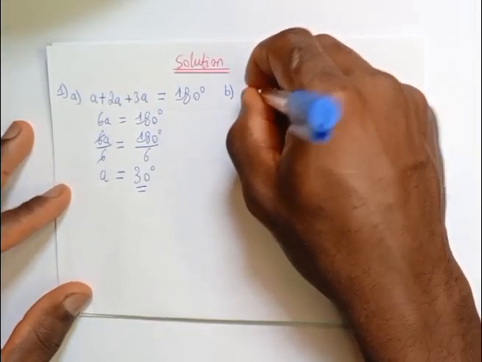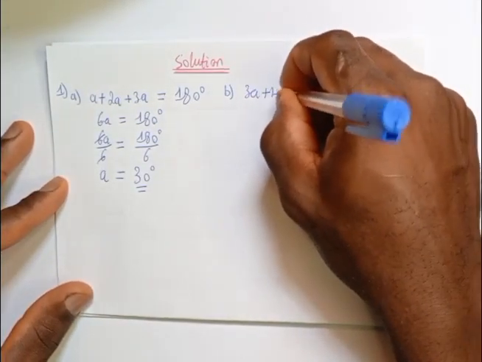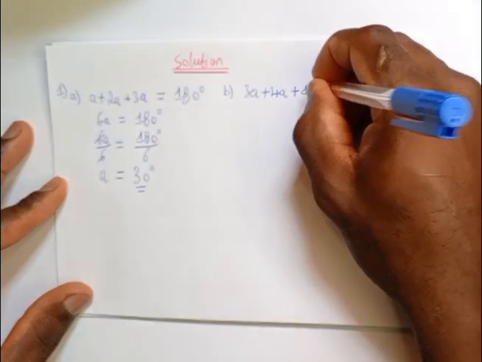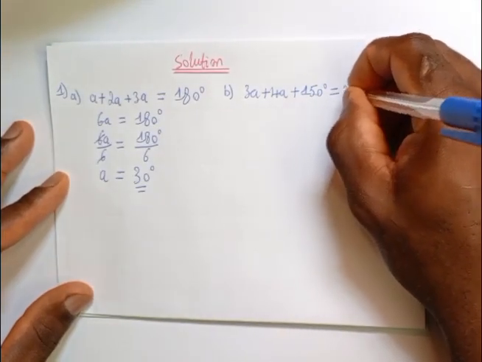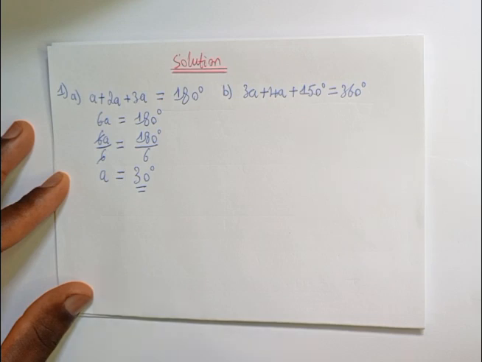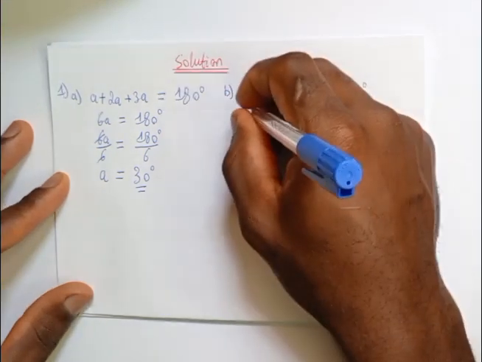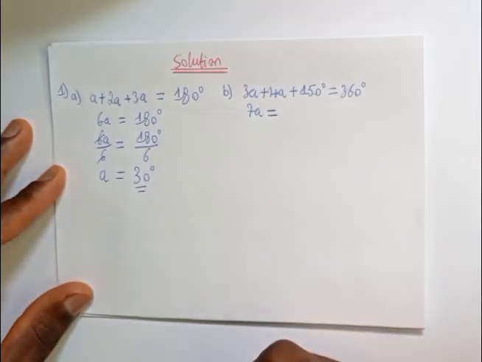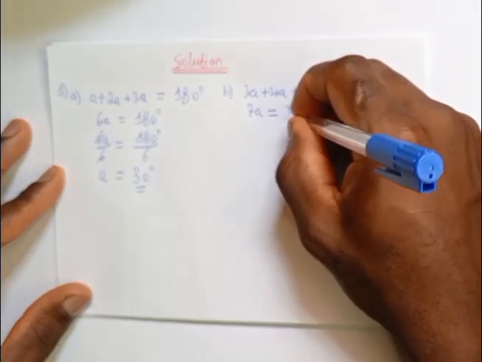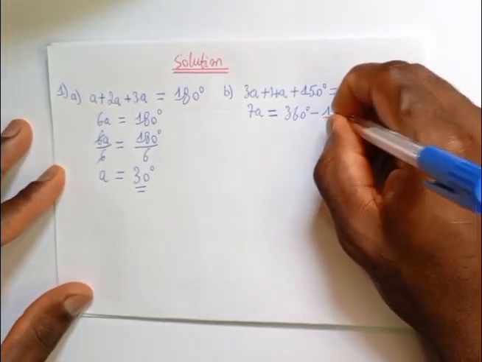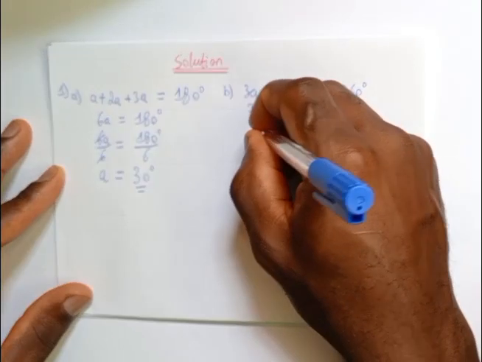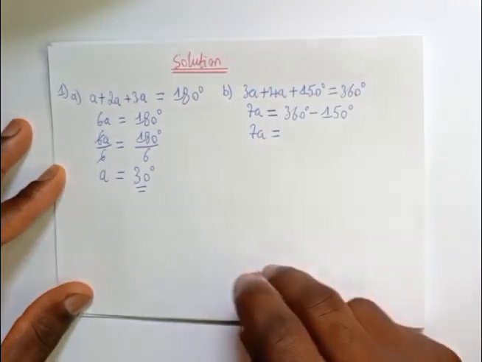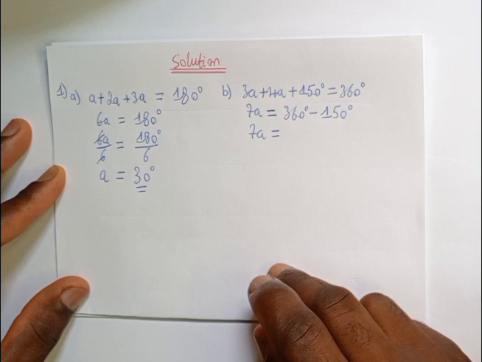This will give us 3A plus 4A plus 150 degrees is equal to 360. 3A plus 4A gives us 7A to be equal to, we are going to transfer 150 degrees to the right hand side. This will give us 360 degrees minus 150 degrees. 7A will be equal to 360 degrees minus 150 degrees.